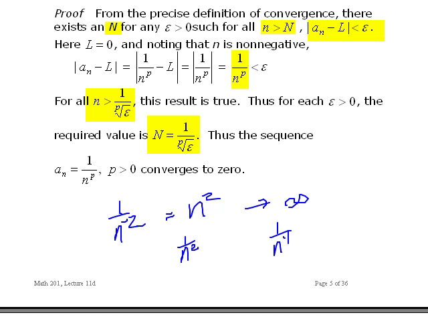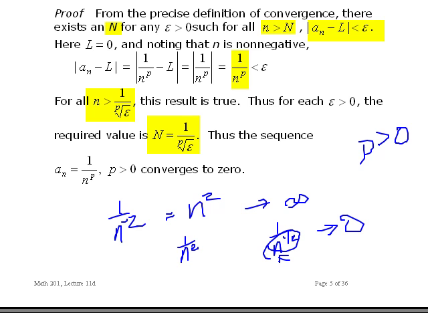How about n to the 1/2? That will converge as well. Remember that n is getting much larger. As n approaches infinity, 1 over it becomes tiny, and it converges to 0. So the terms of the p sequence converge to 0 for p strictly greater than 0.